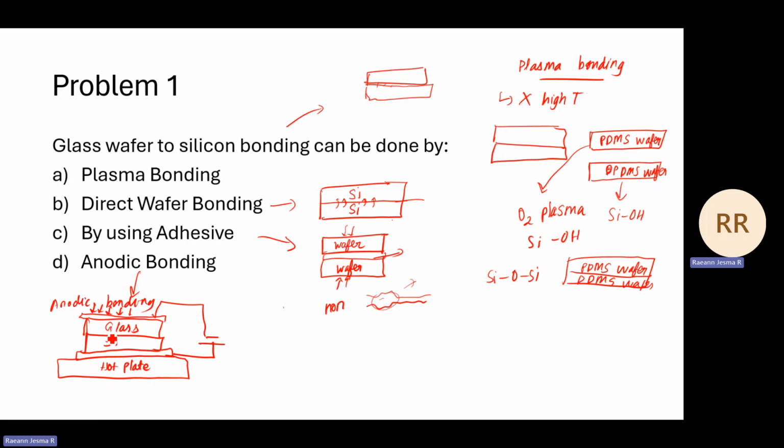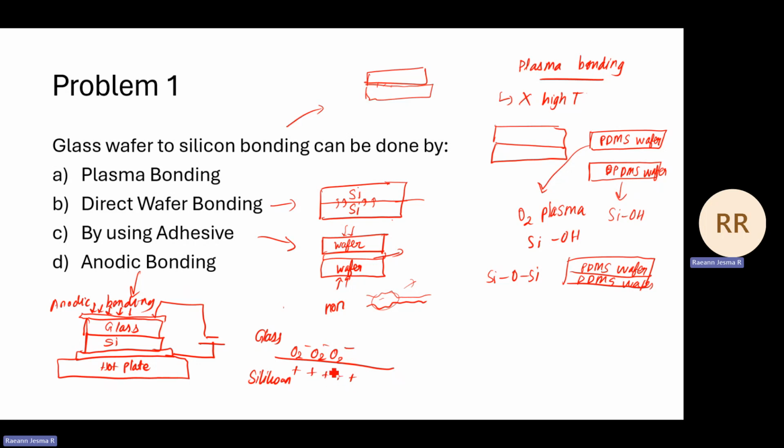Another important thing is that this glass will have some cations present in it. Near the interface of the glass and the silicon, there will be some O2 minus ions formed due to the electric field. And near the silicon, there will be some positive ions formed.